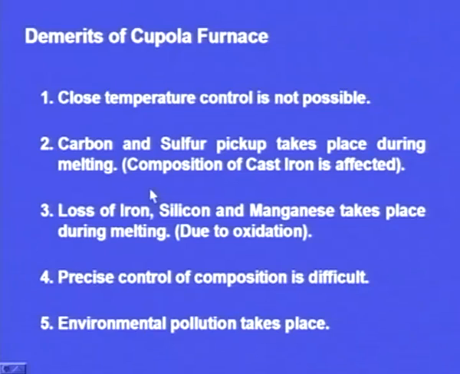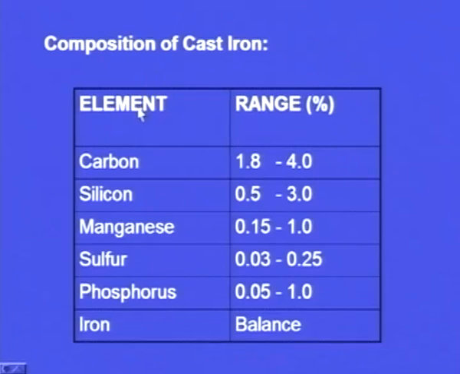What is this carbon pickup? Means the cast iron, if we are melting cast iron, there will be carbon content, there will be sulfur content, that will be increasing. This is the composition of the cast iron. In the cast iron, these are the alloying elements.